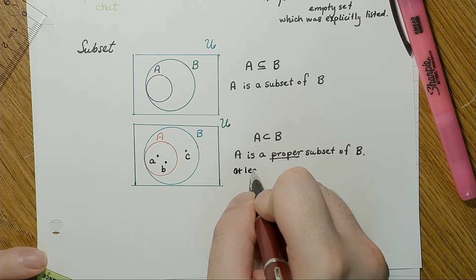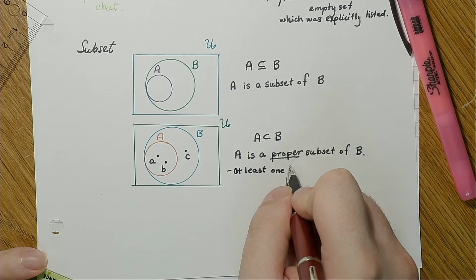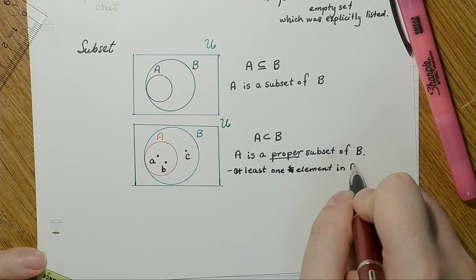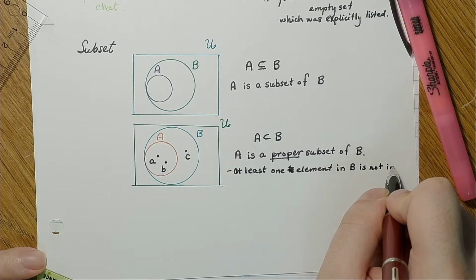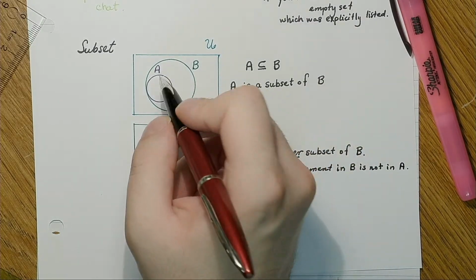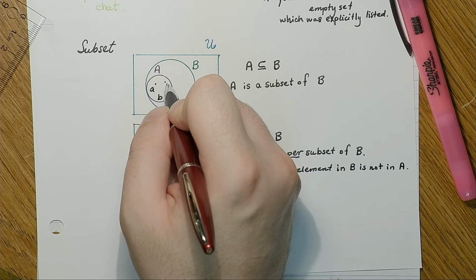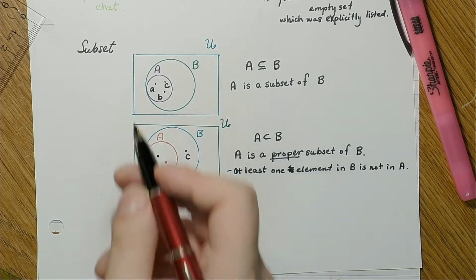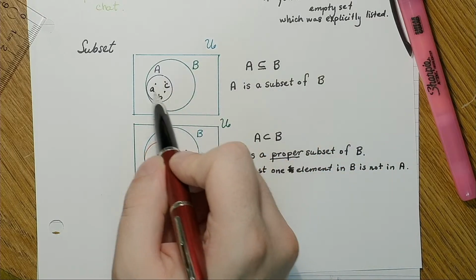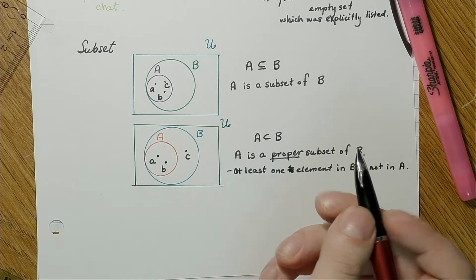So at least one element in B is not in A. So in this case, they don't care. When we write A as a subset of B, all the elements in A are also in B, so they don't really care in this case.